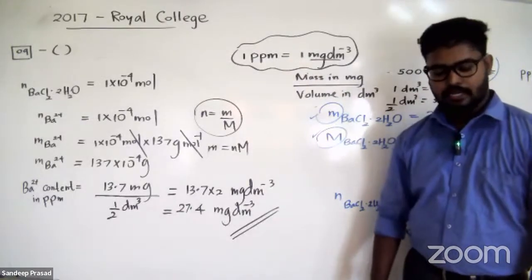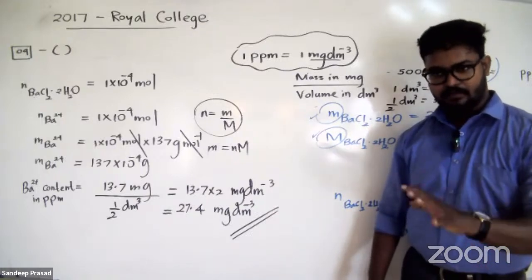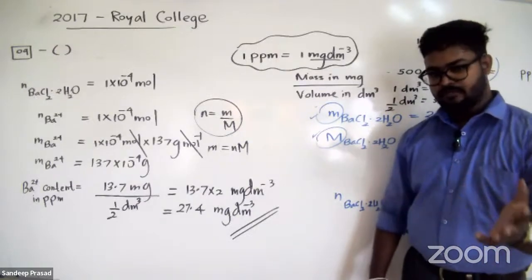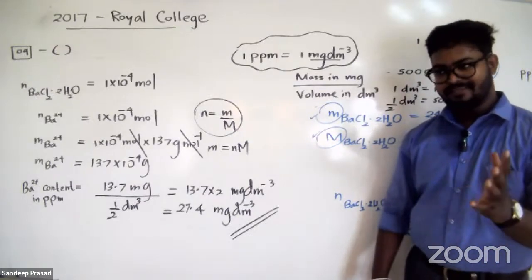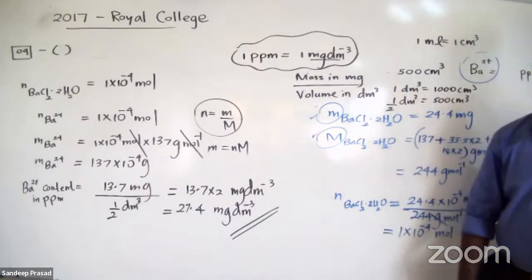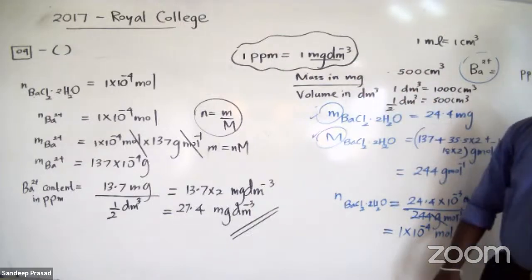Yes, correct. Okay, because density can be measured in kilograms per cubic meter, grams per cubic centimeter. So this is also one of the ways of expressing density. Yeah, we can say that. Correct, but that is a different unit, milligrams per cubic decimeter.